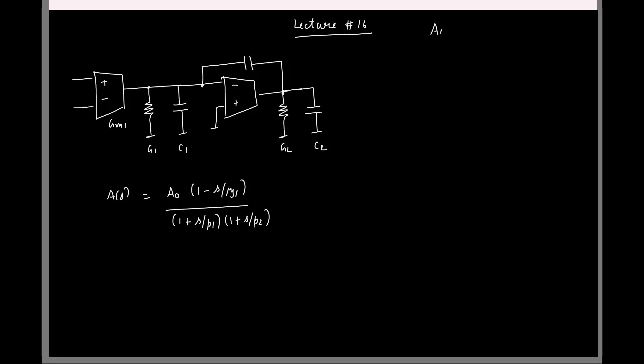So can you tell me what is the DC gain? GM1 by GM2 by G2. Okay. So what is the first dominant pole?